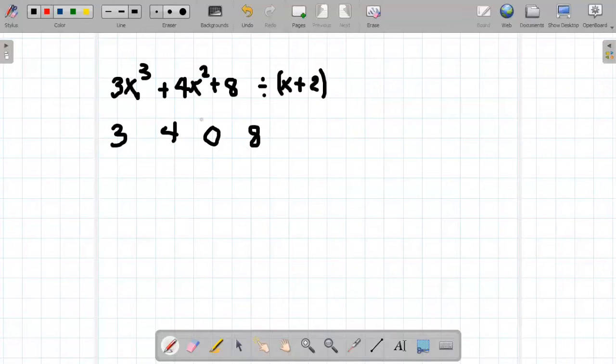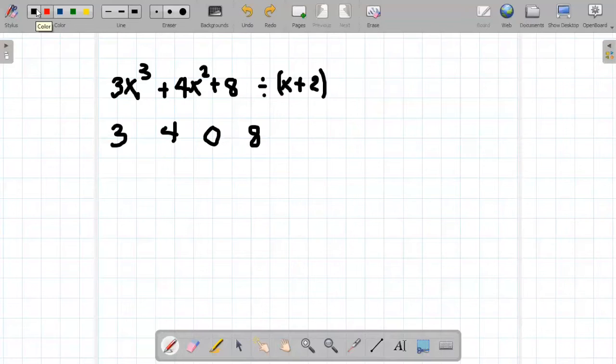So again, 0 represents the x that is missing. If x squared were the missing one, you would also put 0 there. Okay? So, what we did was write the coefficients.